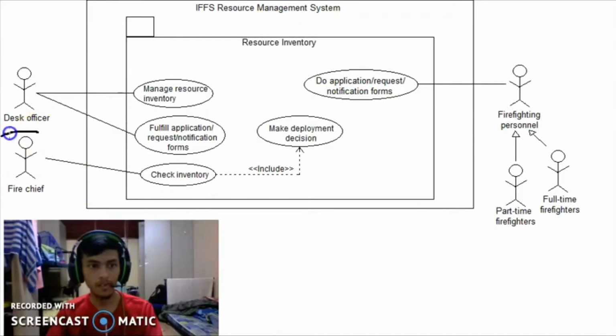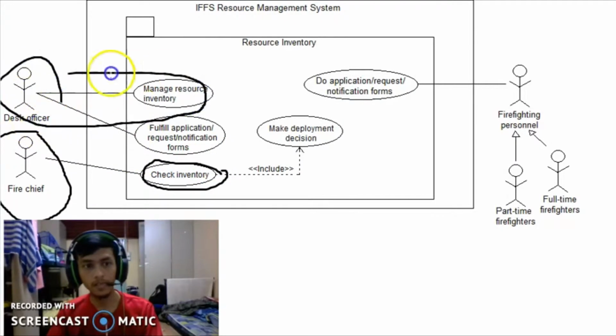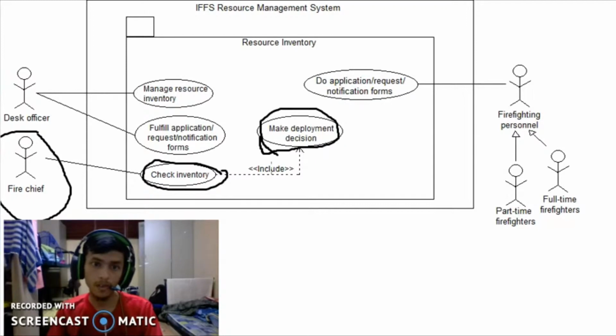And finally, the fire chief will check the inventory based on what the desk officer has updated before, and based on that, he will make the deployment decision for faster decision making. We hope that the system will assist our fire chief to make better deployment decisions.